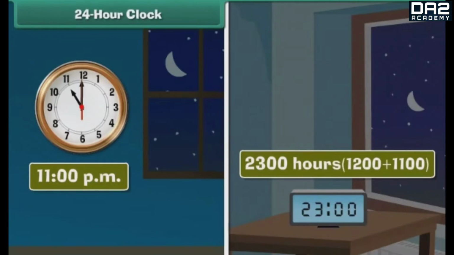The 12-hour clock restarts measurement of time from 1 for the second half of the day. But the 24-hour clock measures time continuously. It denotes all times corresponding to PM on the 12-hour clock with values greater than 1200.